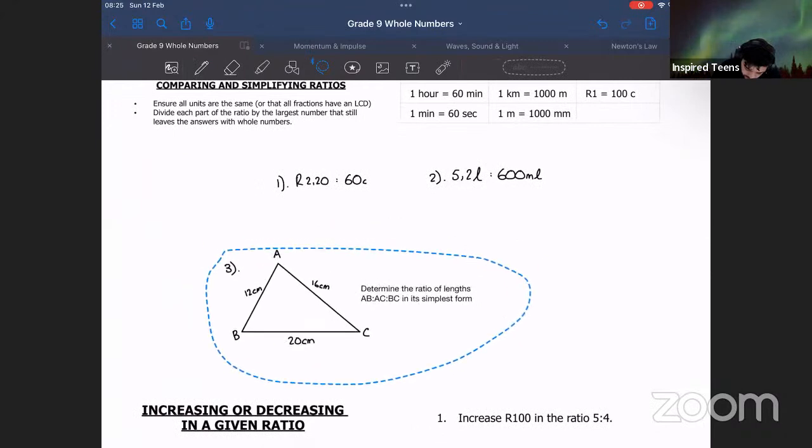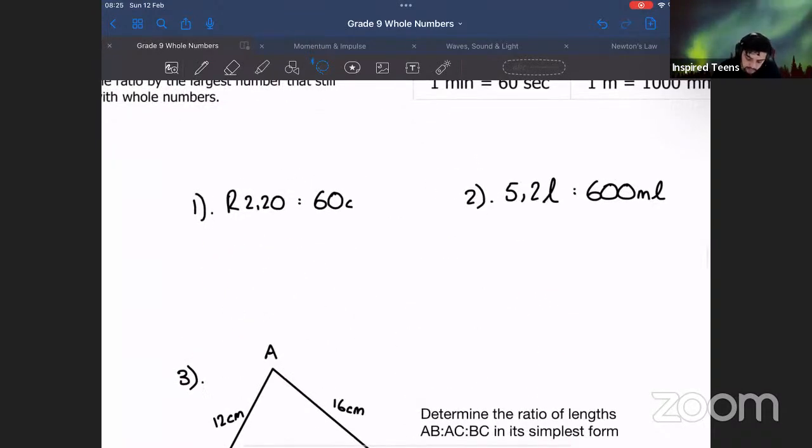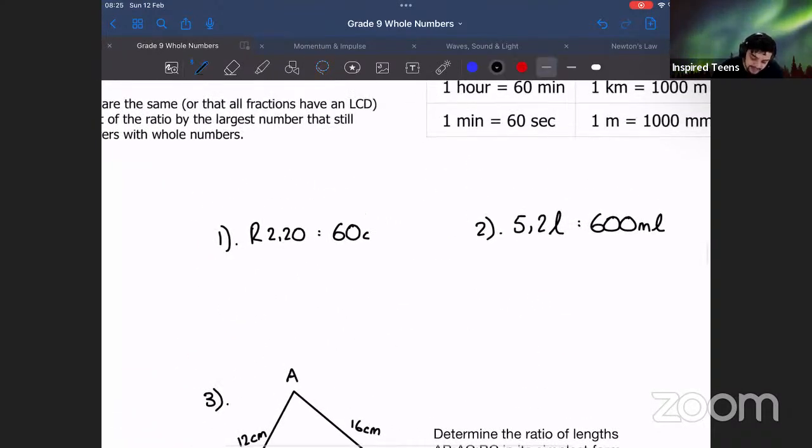Let's move this out of the way. So they want us to basically simplify the following ratios. So this is just simplifying ratios. If we have a look at the first one, we have R2.20 and 60 cents.